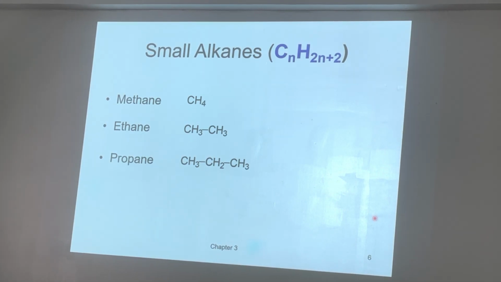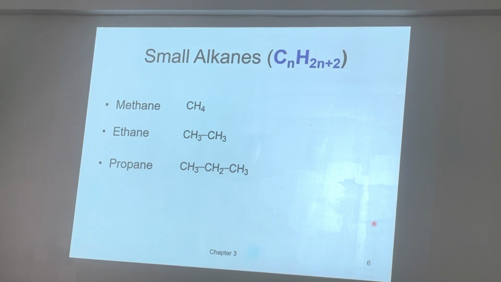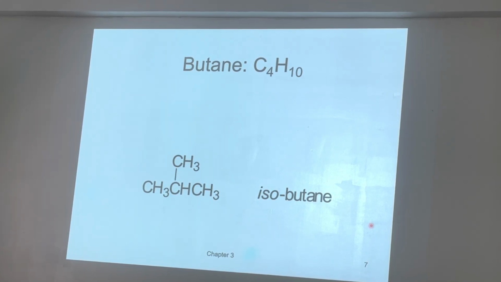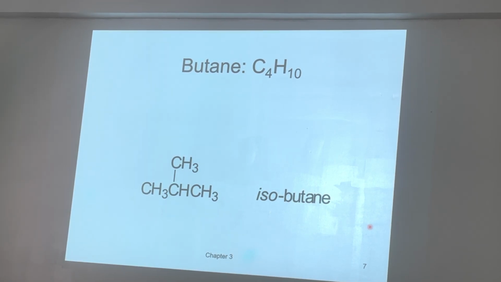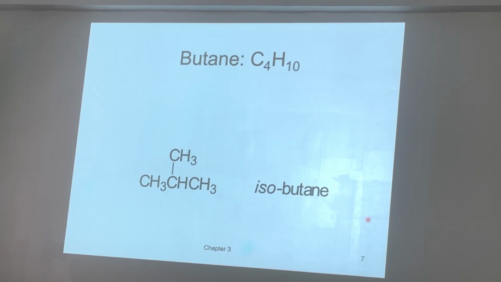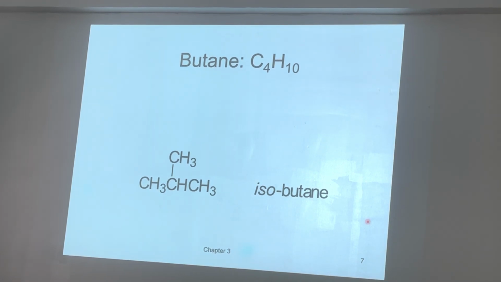Let's talk about some of these small alkanes. We're going to focus first on butane and some of the isomer names. Butane has 3 different isomers, not 4. It's the butyl groups that have 4 different isomers.